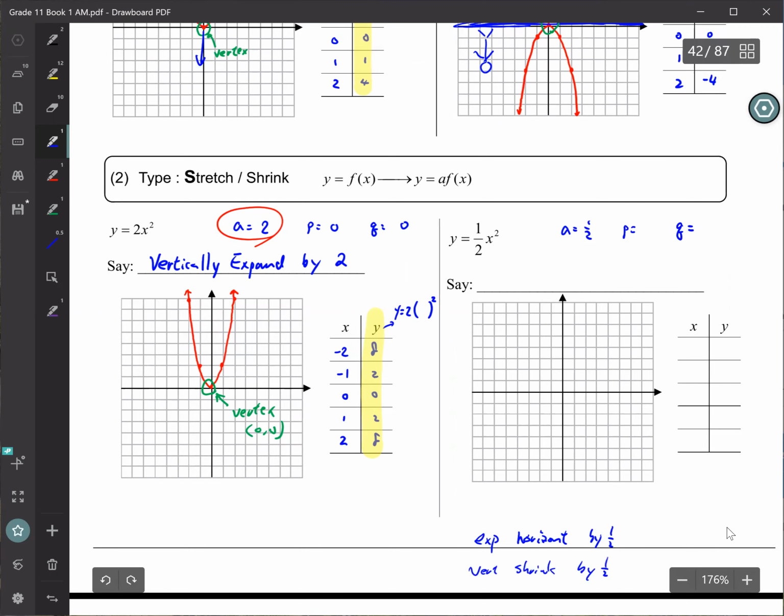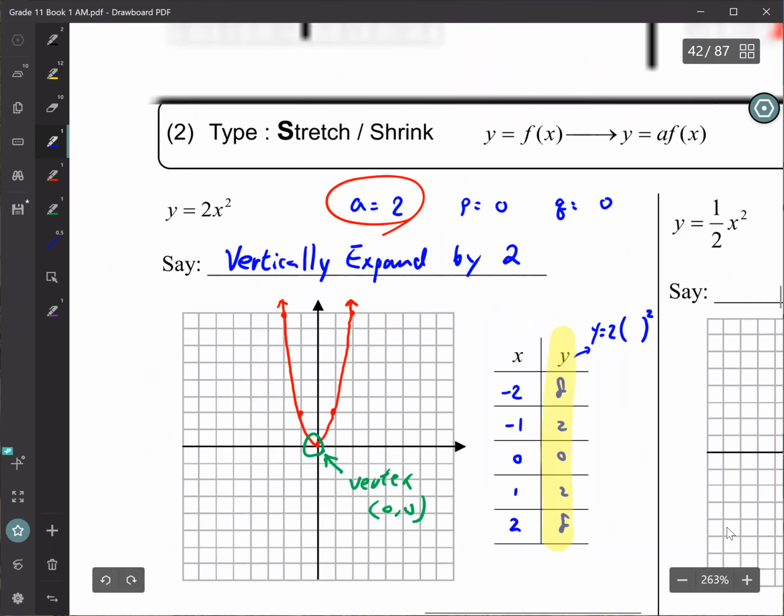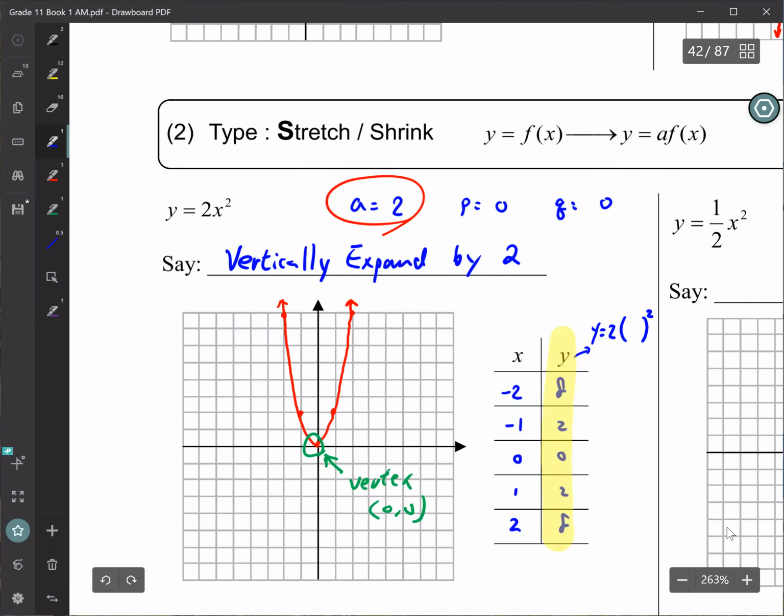Also about the word: here I use expand, and expand is the same as the word stretching. Some textbooks use expand, some use stretch. Most textbooks use expand.